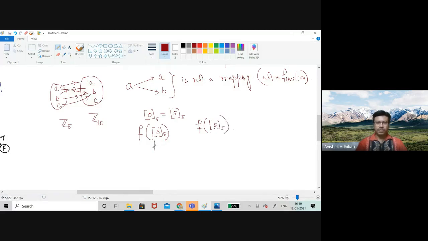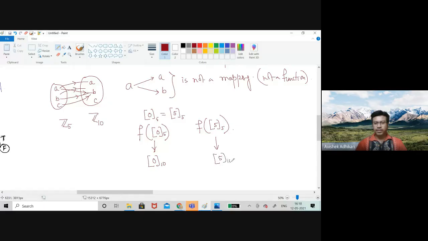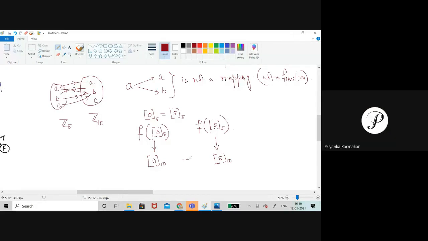According to the definition, the first should give class 0 of 10 and the second should give class 5 of 10. Are they equal or not equal?